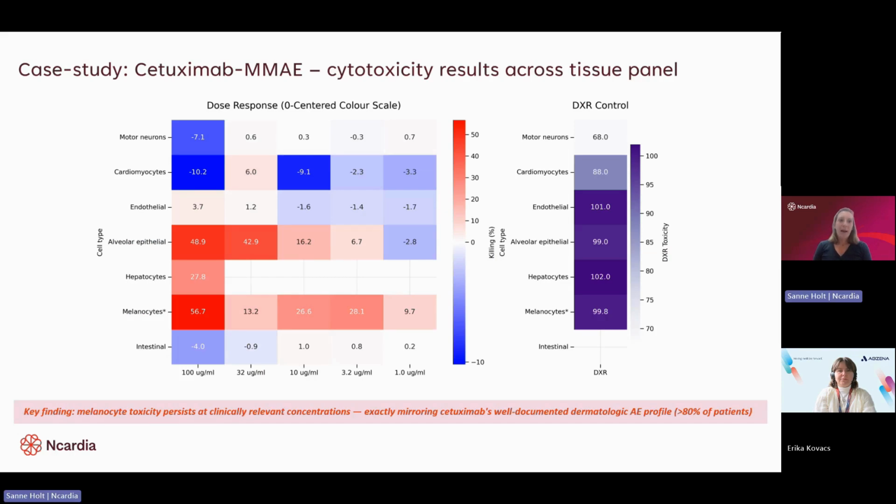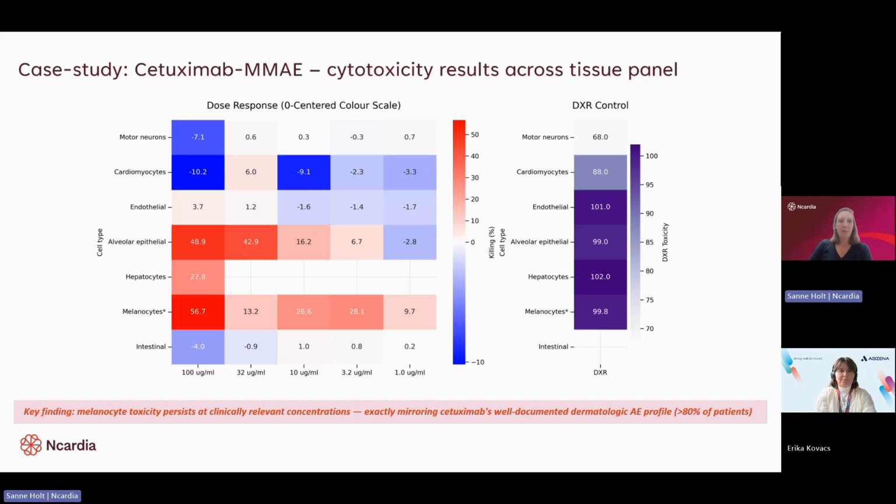So if we make a heat map of the different doses across and then the tissues underneath one another, we actually see at the highest dose on the left, we see that for the alveolar, we see a clear toxic response at the highest doses. We also see that the hepatocytes triggered about 30% killing at the highest dose, and the melanocytes even had around 60% killing at that dose.